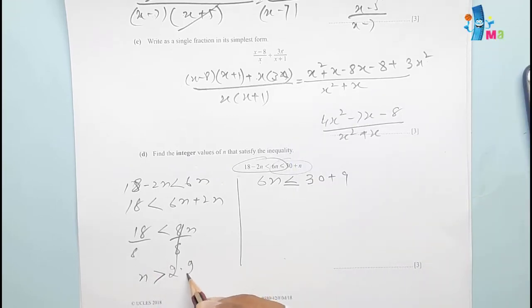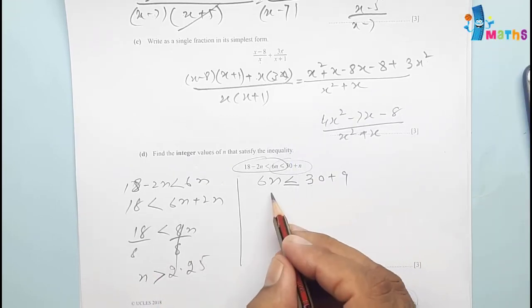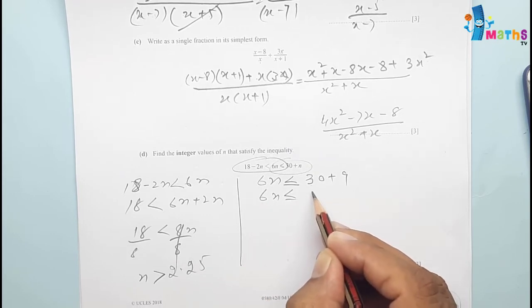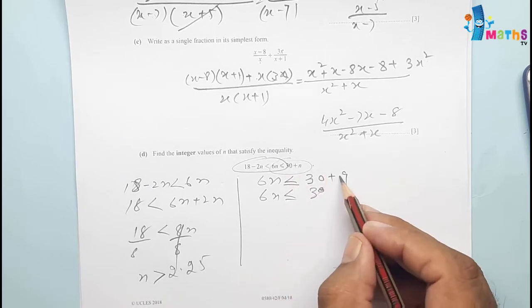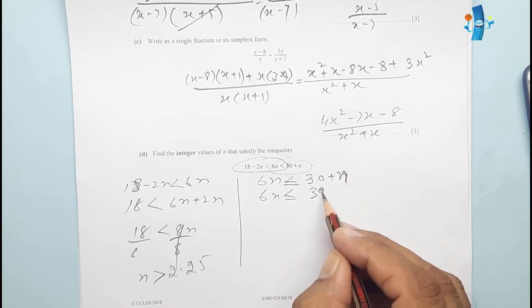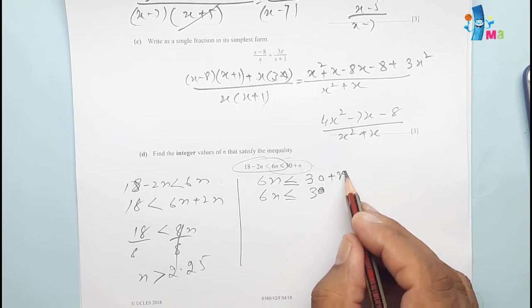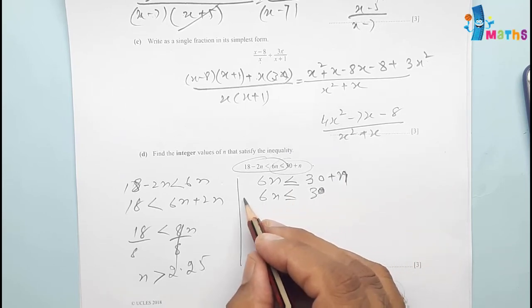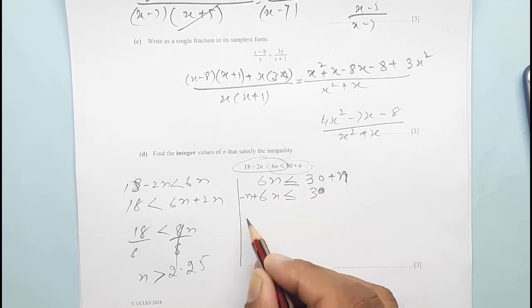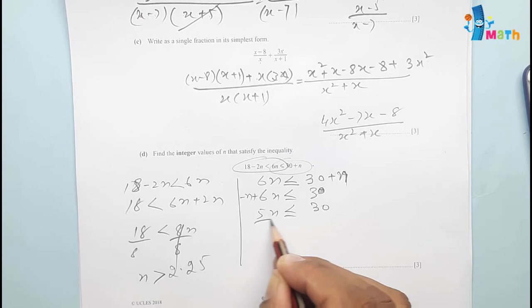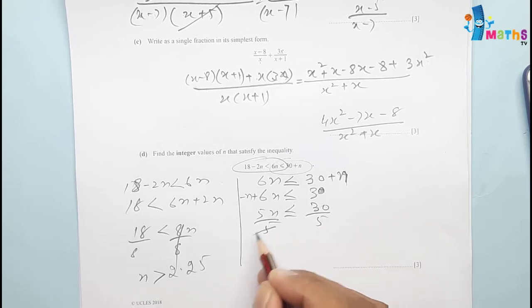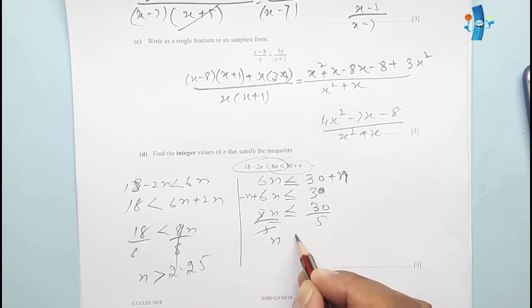On this side, if we solve, 6n is less than or equal to 30 plus n, and n we can shift to this side, so this will be minus n. So 5n is less than or equal to 30, divided by 5, so n is less than or equal to 6.